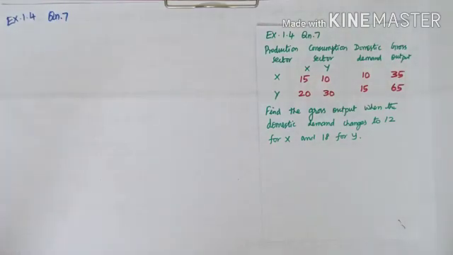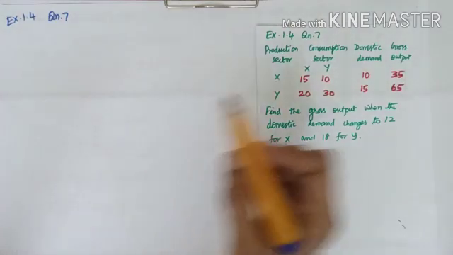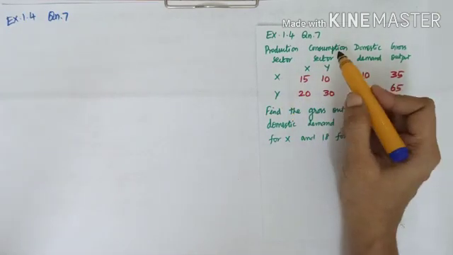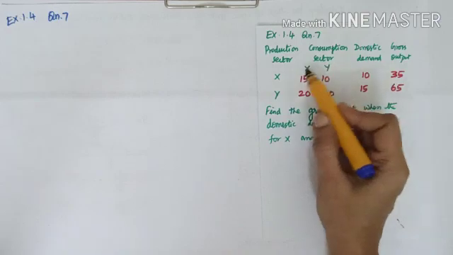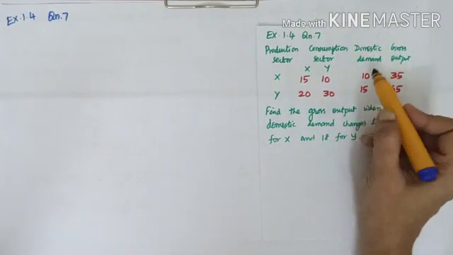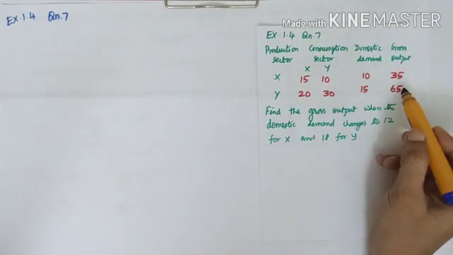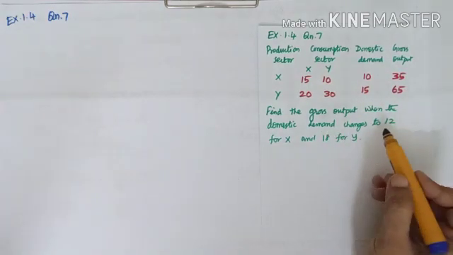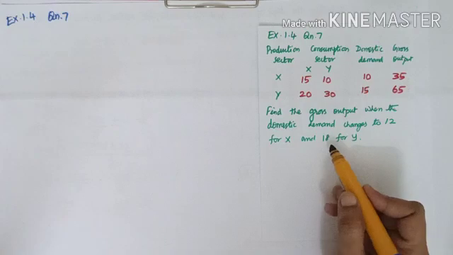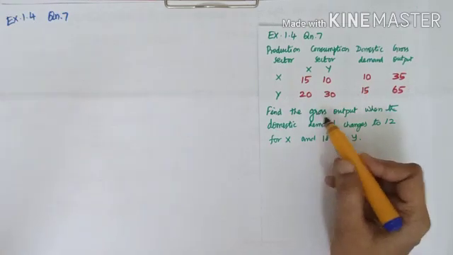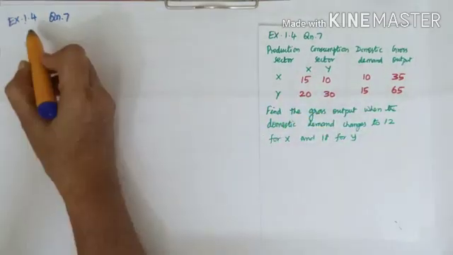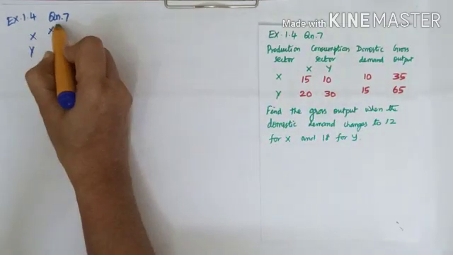Exercise 1.4, question number 7. Given production sector XY, consumption sector also XY. Domestic demand, gross output are given. We need to find when the demand changes to 12 and 18. Find the gross production. As I read XY, let me write.